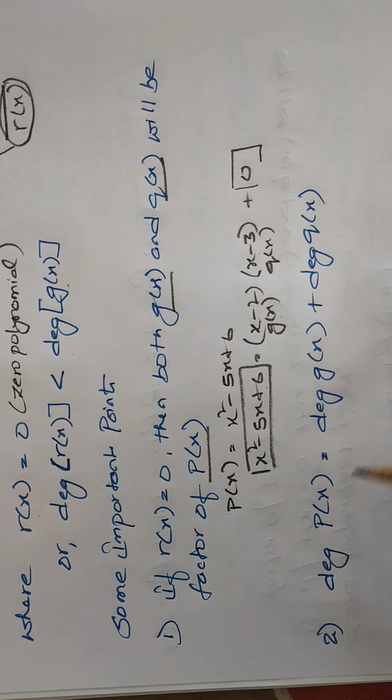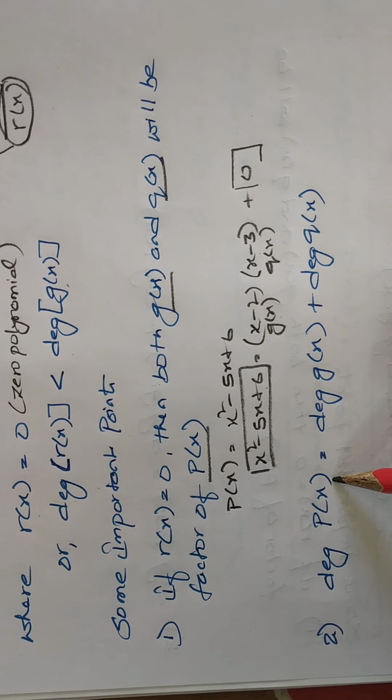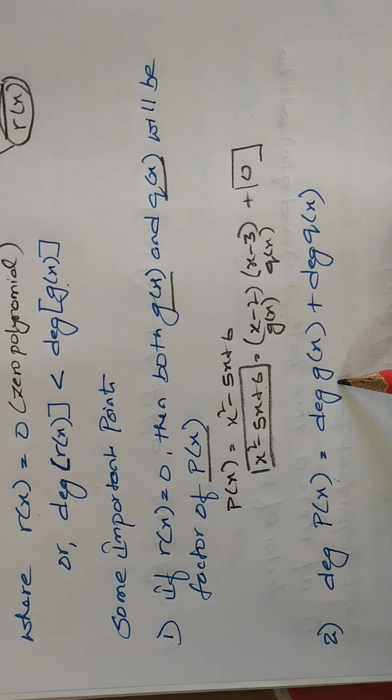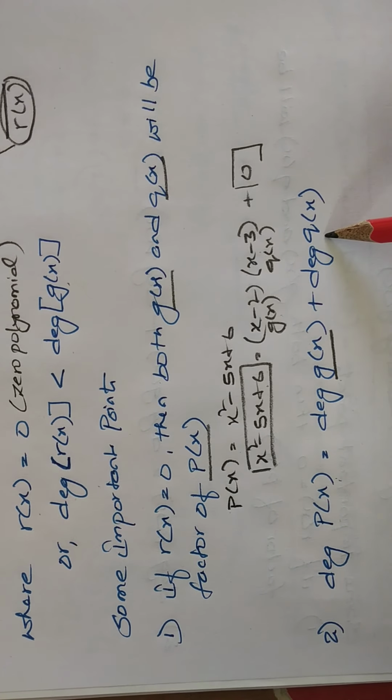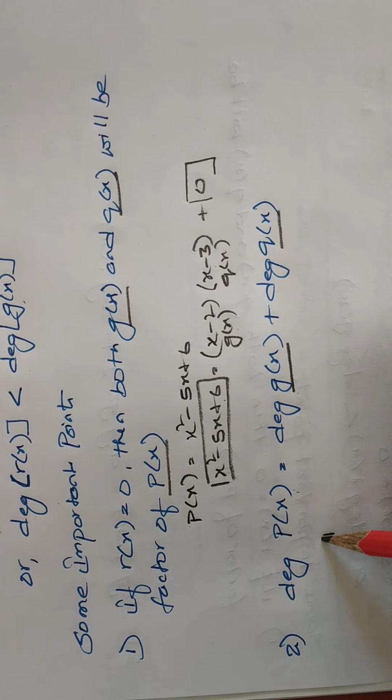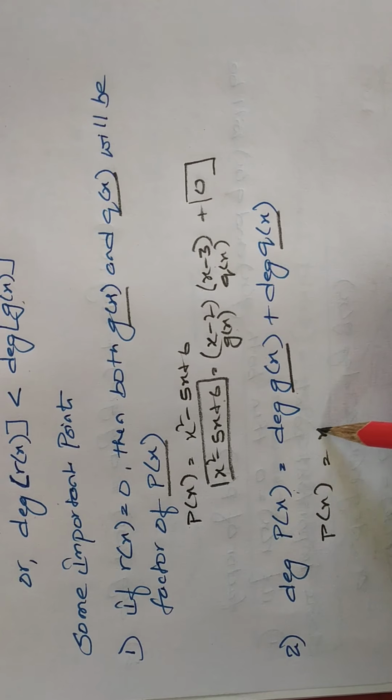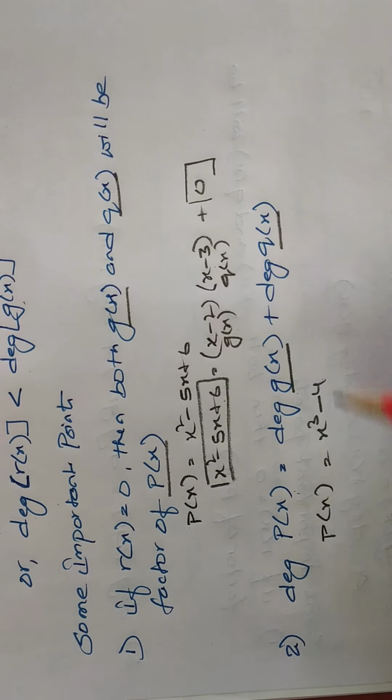Next important thing is that the degree of p(x), that is the degree of the dividend, will be equal to the degree of the divisor plus the degree of the quotient. For example, let p(x) equal x cube minus 4.